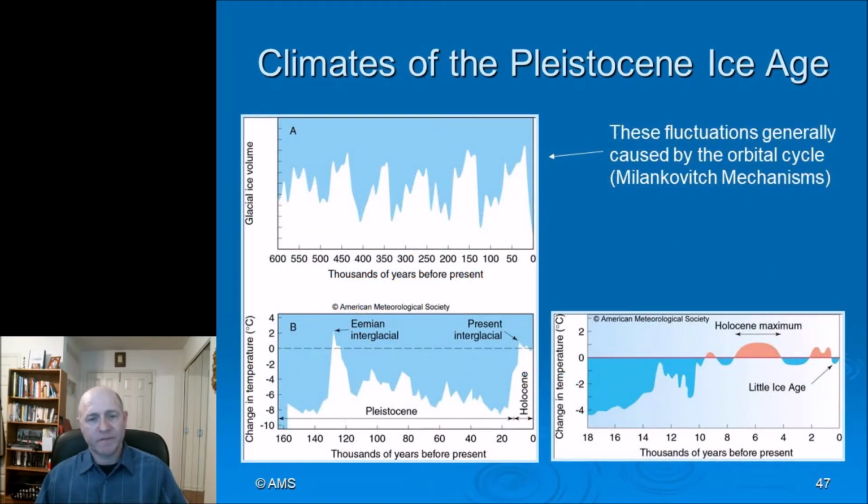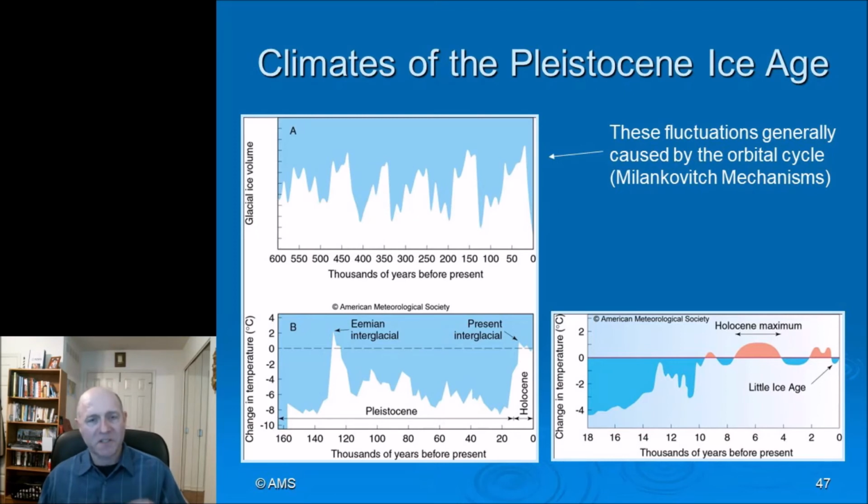There are, again, any different number of lengths of time you can go back to see how these changes in temperature played out. If you want to go thousands of years, hundreds of thousands of years before present, you can look at the glacial ice volume there on the top left, or thousands of years before present, up to 160, or just 16 thousands of years.